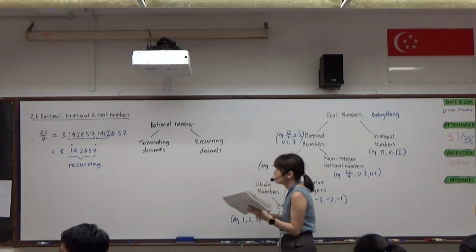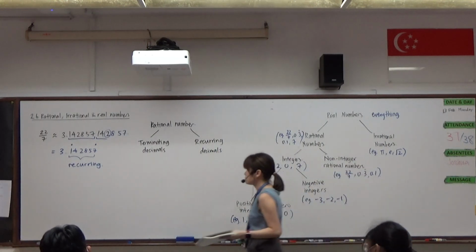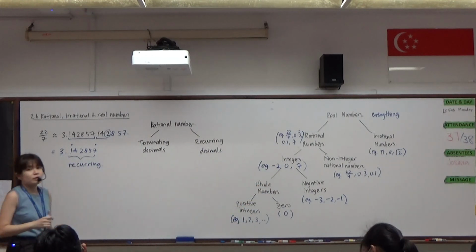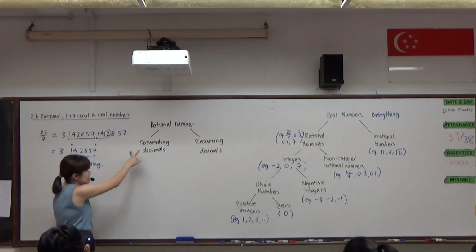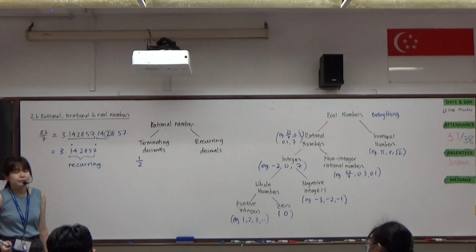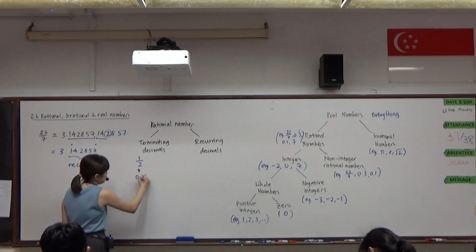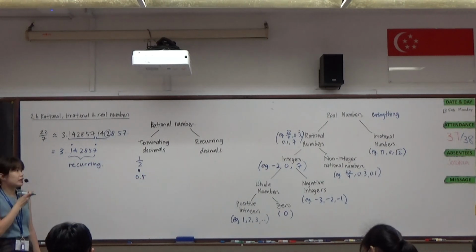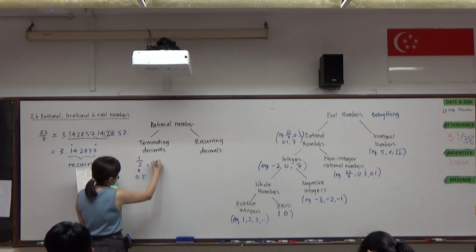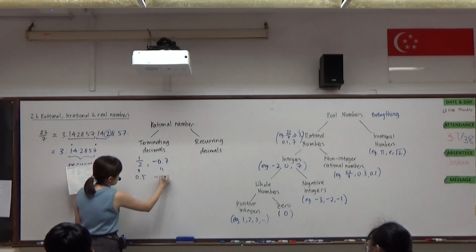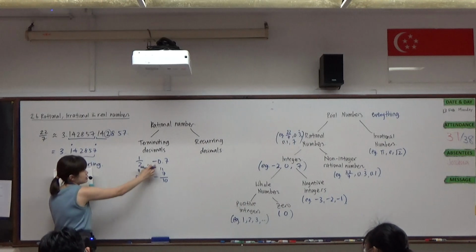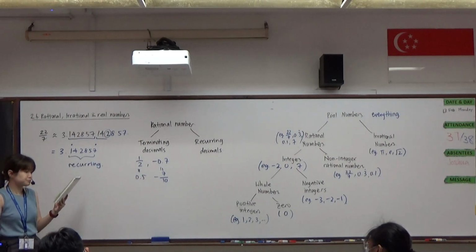Terminating decimals: our fractions usually can be expressed as a decimal, and sometimes it can be written as a terminating decimal. For example, a half is 0.5. It stops there, so it is terminating. We also have numbers such as negative 0.7, which is negative 7/10. That is a terminating decimal.